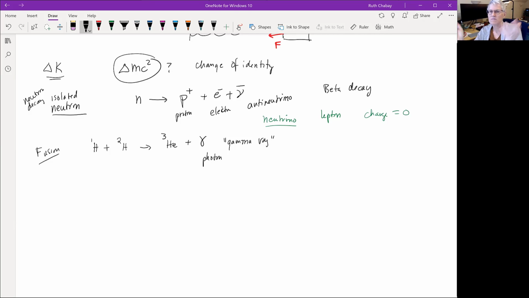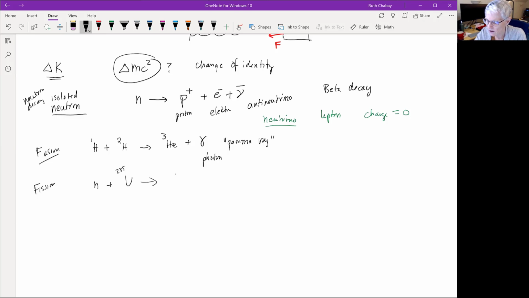And there's fission, nuclear fission. So if we have a neutron plus uranium-235, it can decay in a variety of ways.